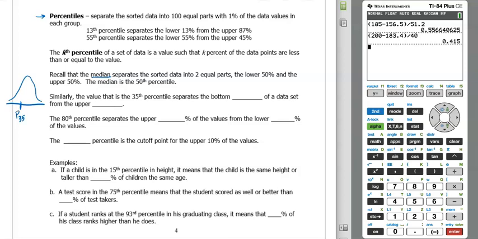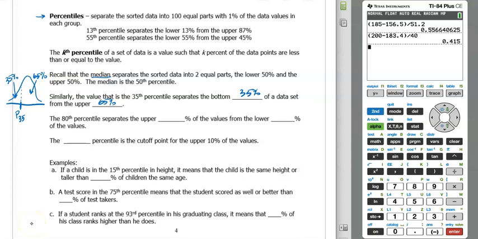And the percentiles, we call them by a capital P with a little subscript of which percentile. The 35th percentile is the data value that has 35% of the data less than it, which would mean that 65% is greater. And so it's separating the bottom 35% from the upper 65%.